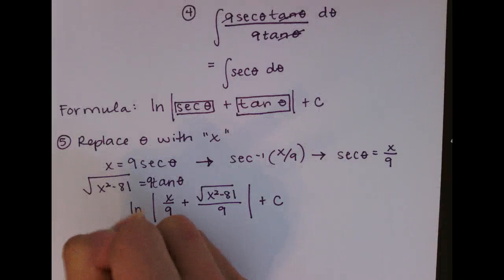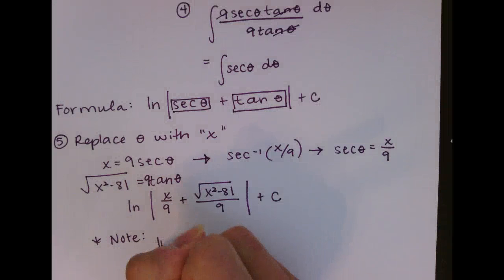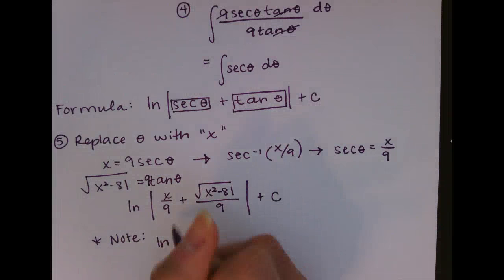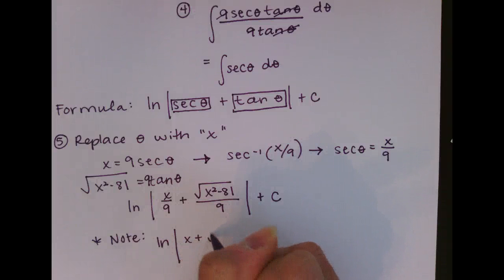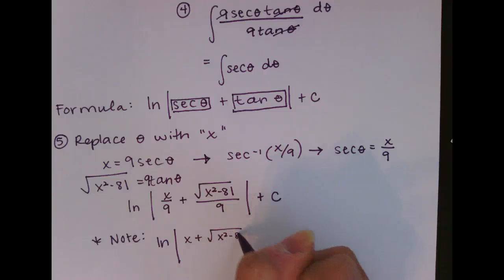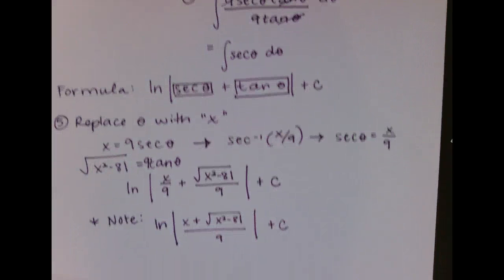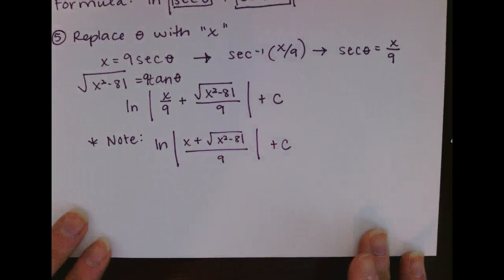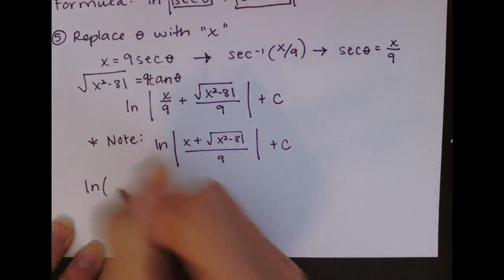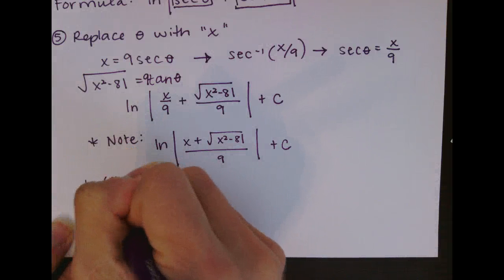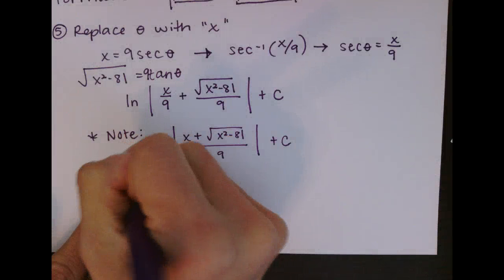One last note to make in this section. I can do a little logarithmic property simplification where I've got a common denominator here that I can add together. And then the log property happens when you're taking the log of an argument that is a fraction.